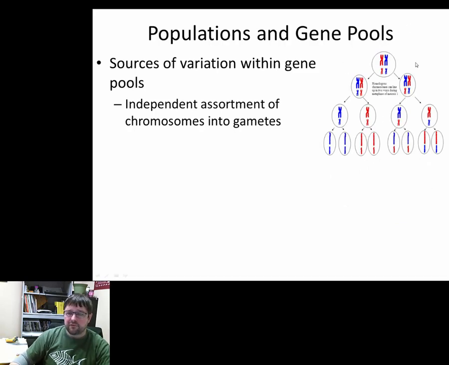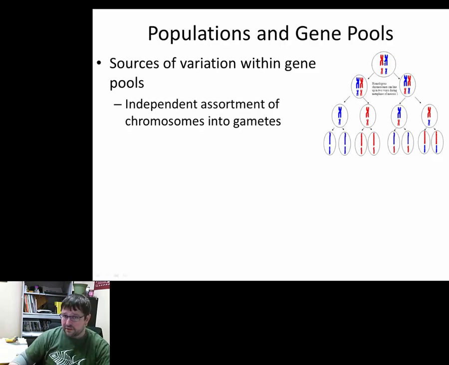Now, how they line up is independent of one another. Let's say that red is representing maternal, blue is representing paternal. So dad's line, mom's line, chromosome number 1, chromosome number 2, and this would go on and on for however many chromosomes the organism has. In our case, there would be 23.